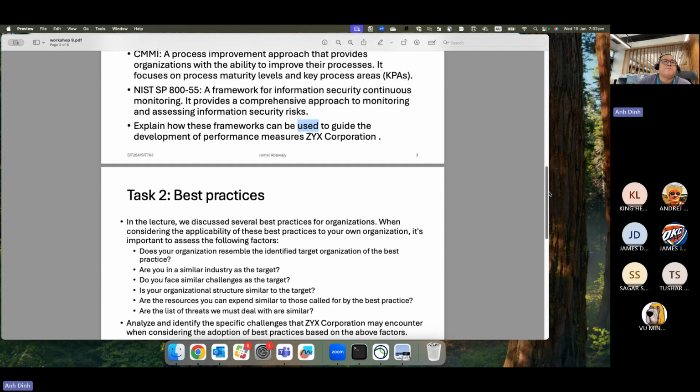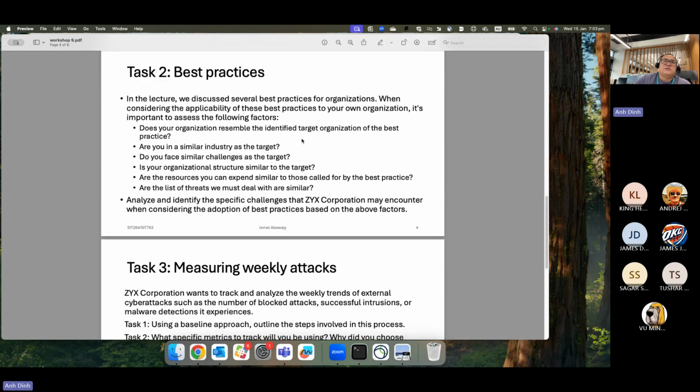And task two asks you to discuss the challenges that you think could happen for this company if they want to adopt the best practice, and the best practice comes from some other company, a competitor of this company.